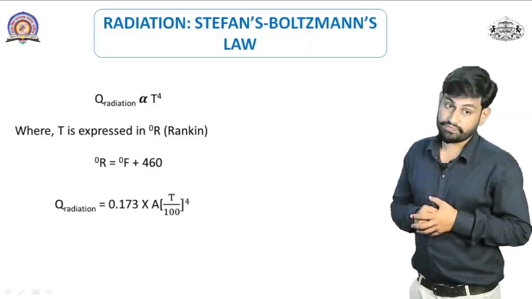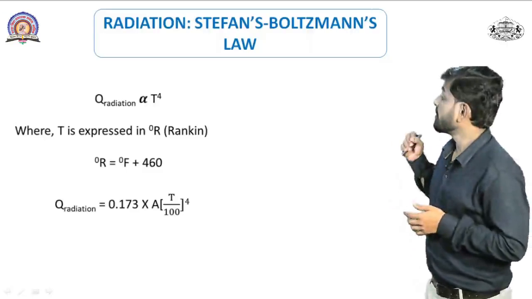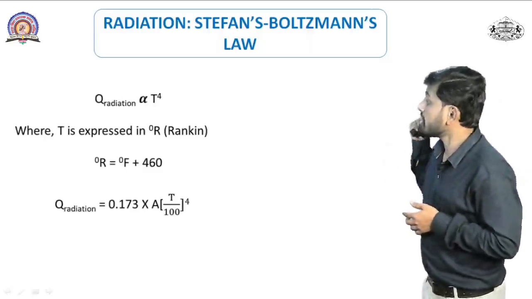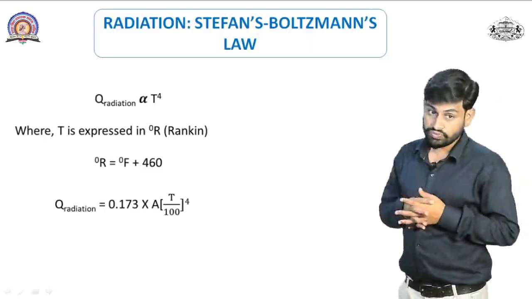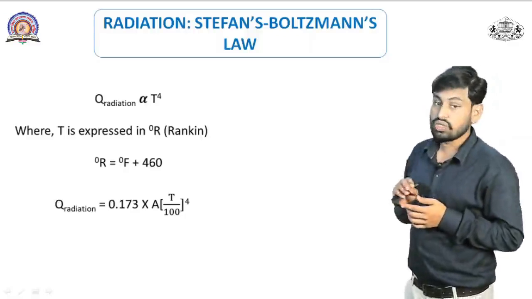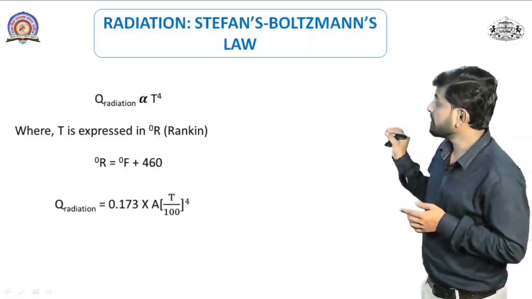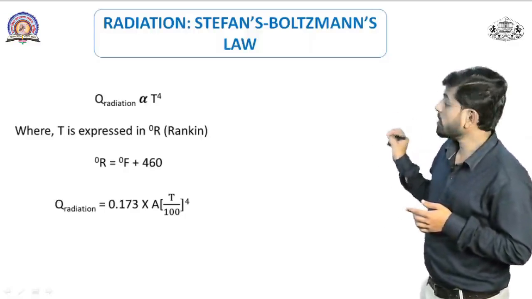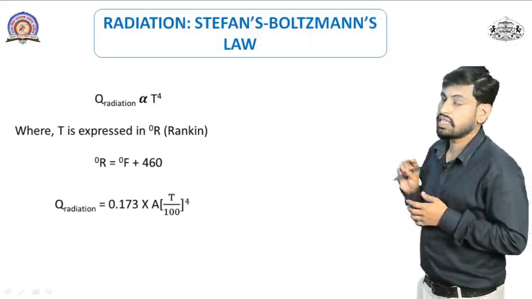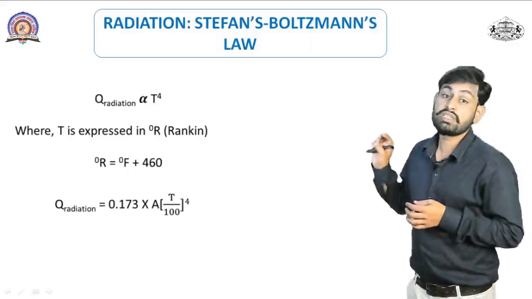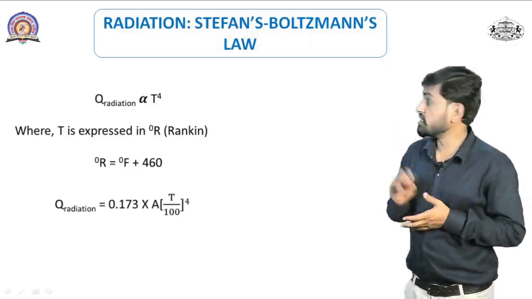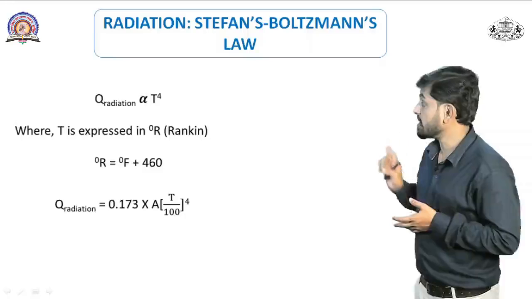That is why the heat transfer by radiation is equal to 0.173 into A into (T upon 100) raised to 4. That is the Stefan-Boltzmann law of radiation.